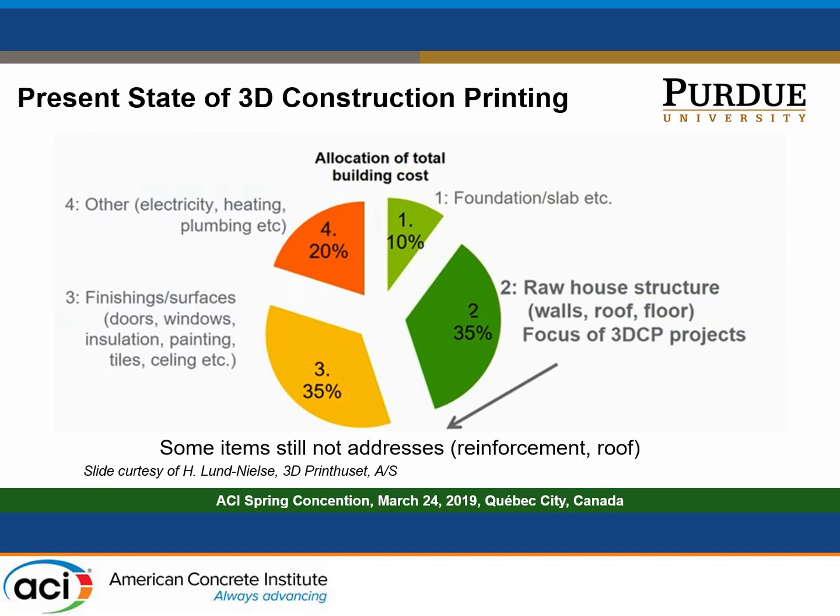And even with this, we are only able, to some extent, to do a very basic replacement of the masonry. You've heard from Victor, right? We don't know what to do with reinforcement. We don't know how to do overhangs. We don't know how to do roofs. How do you install the roof on a 3D printed house? So again, that will have to be part of the integrated 3D construction process.